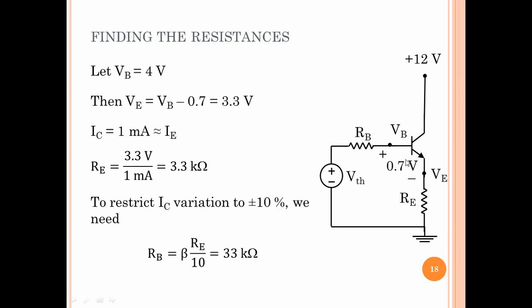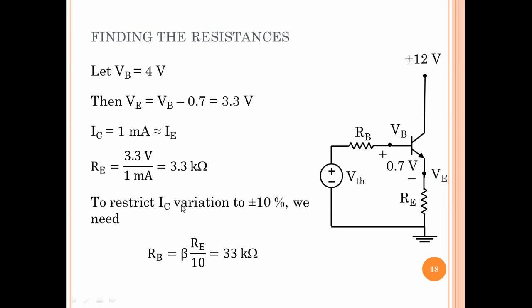If VB is 4, then VE is 4 minus 0.7, so it's 3.3. The emitter current is approximately equal to the collector current, so it's 1 milliamp. With 3.3 volts and 1 milliamp, the resistance has to be 3.3 volts by 1 milliamp. So we get RE equal to 3.3 kilo ohms.